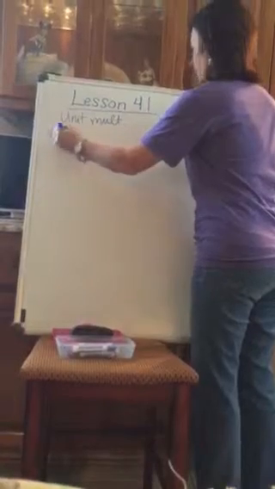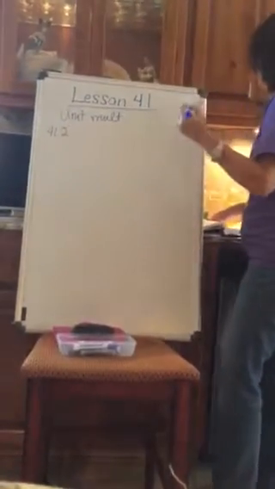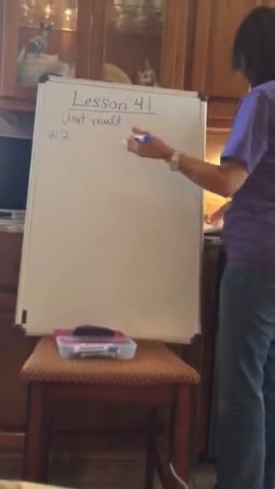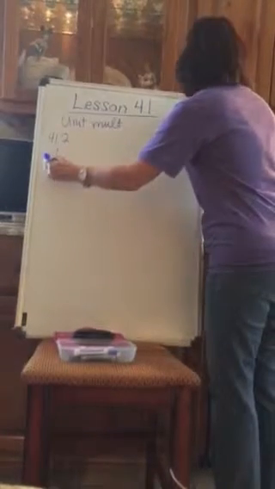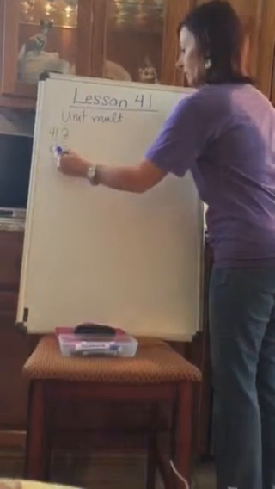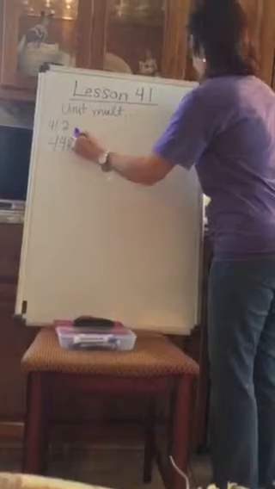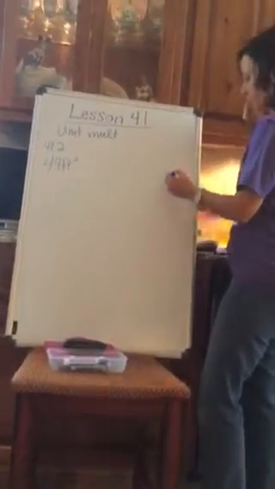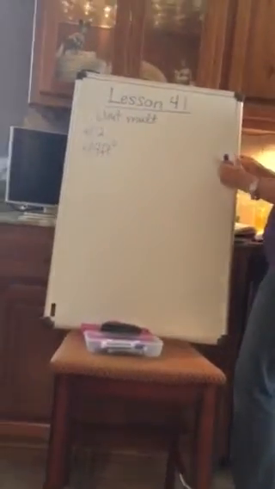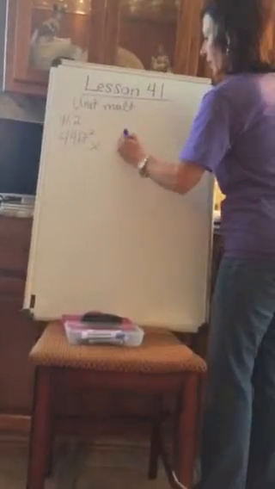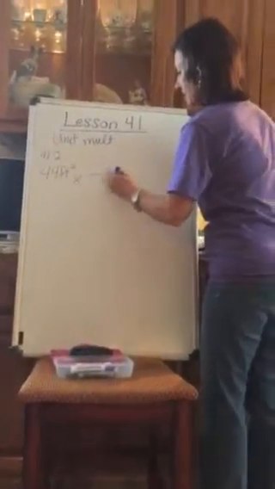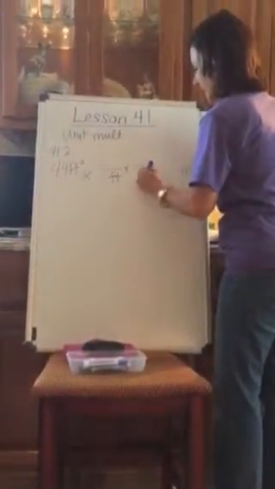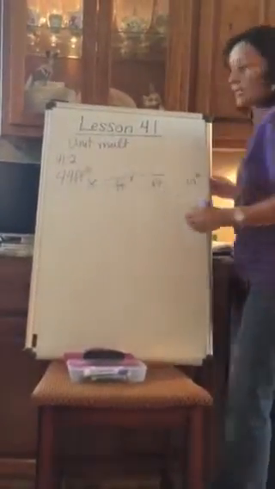All right, so let's look at example 41-2. So in 41-2 on page 185, it says use unit multipliers to convert 44 square feet into square inches. All right, so I know that I have to have feet in my denominator twice because it is squared.